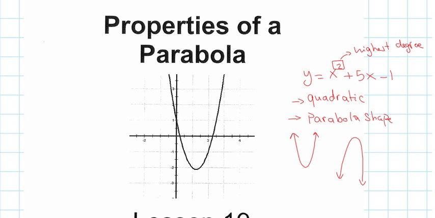The parabola is a symmetrical shape. Basically if I take this and cut it in half and fold them on top of each other, they're going to fold symmetrically like a butterfly. So it's a symmetrical shape.